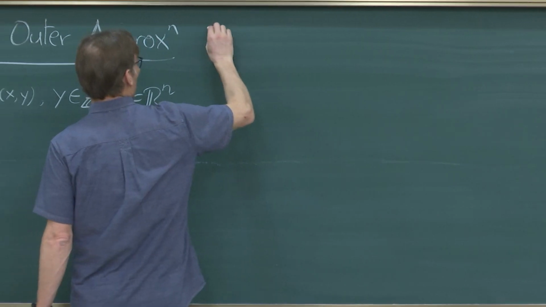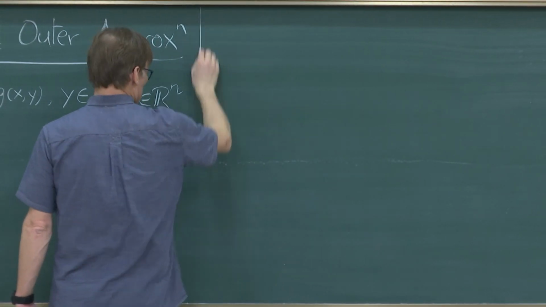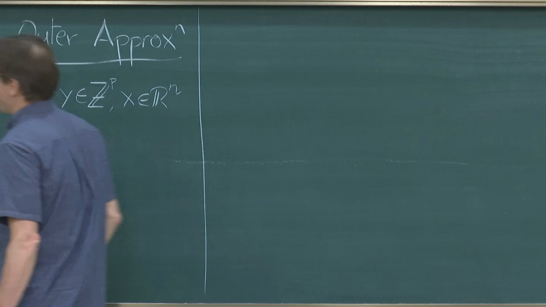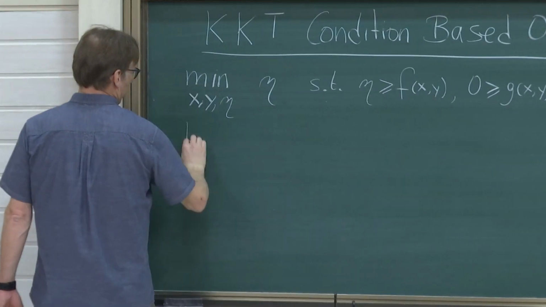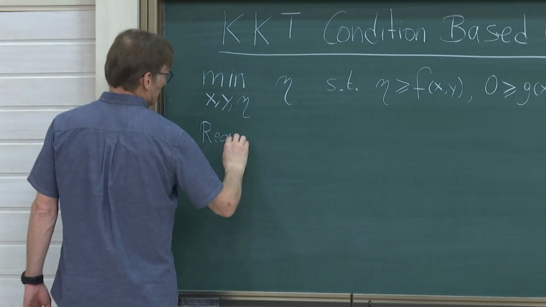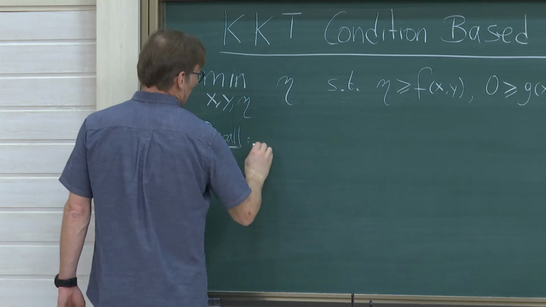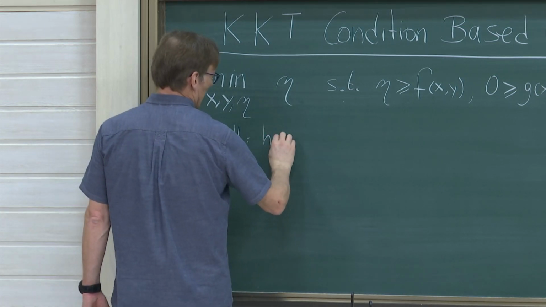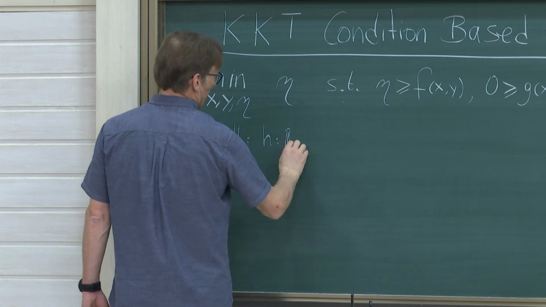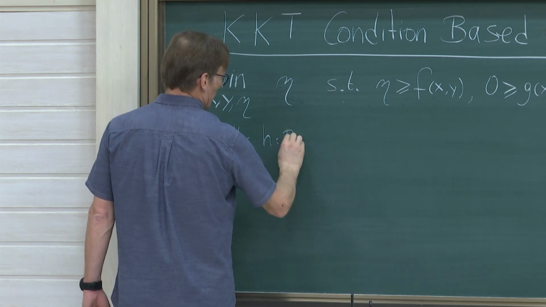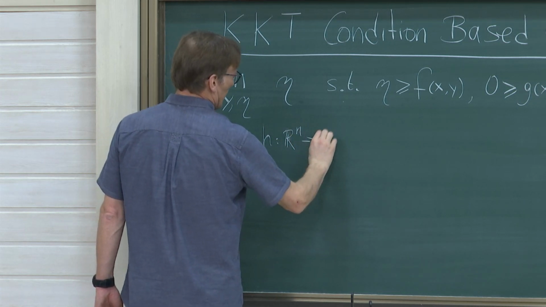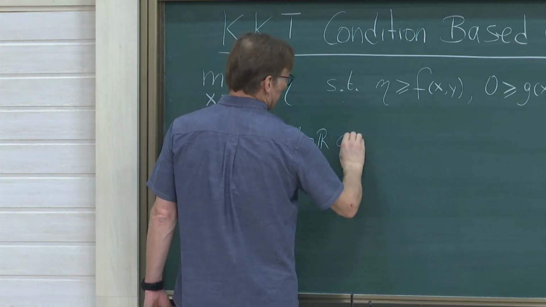You should recall from an earlier lecture that a function h from R^n to R is convex.